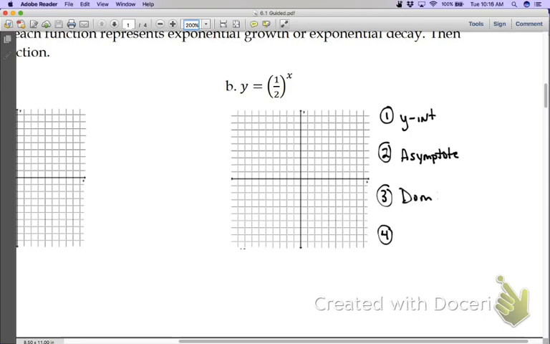And I'm still going to find my range. Automatically, domain, negative infinity to positive infinity. Y-intercept.